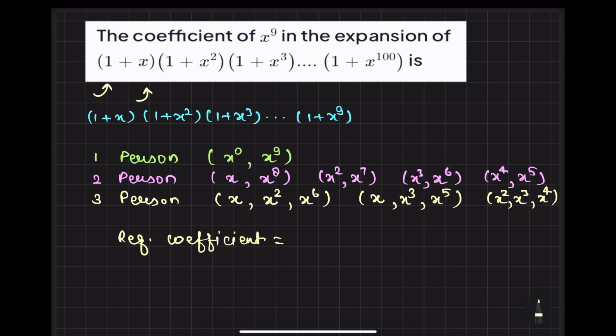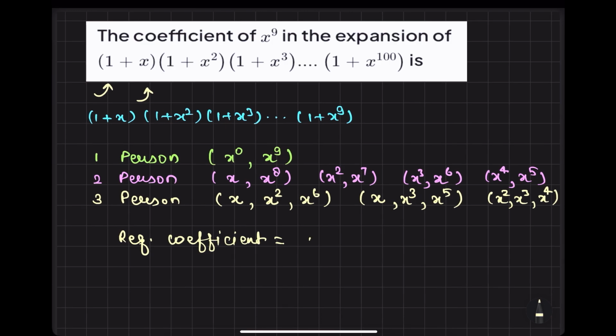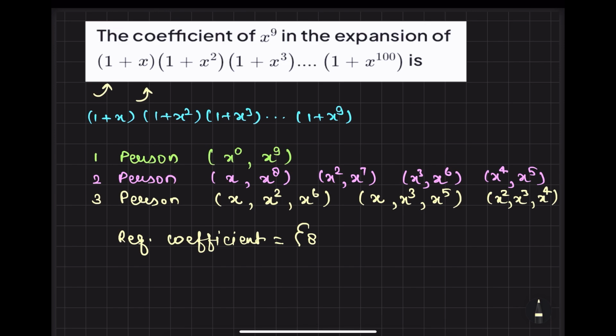So 4 and 4, did we miss any? Okay, 4, 3, I think we missed some case. Okay, no, I don't think so. Okay, so the required number is 4 plus 4 is 8. Okay, so the coefficient of x power 9 in the expansion of this is 8.